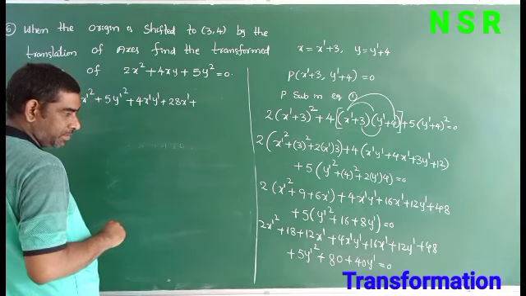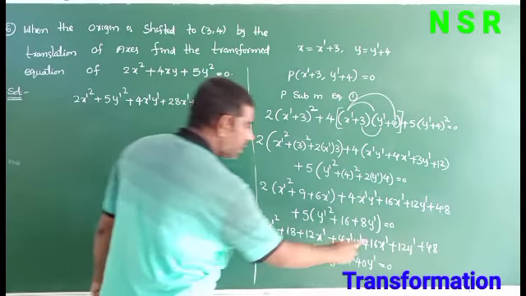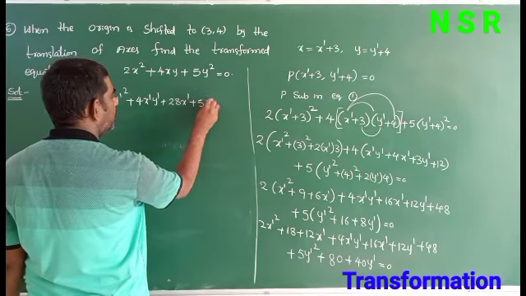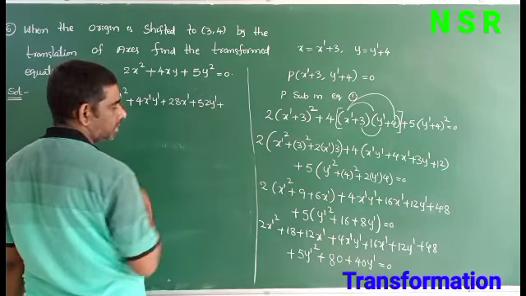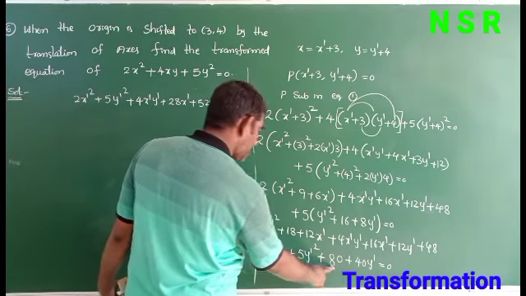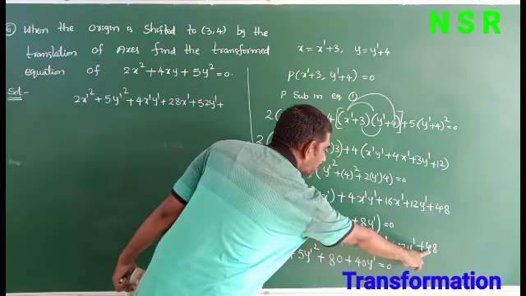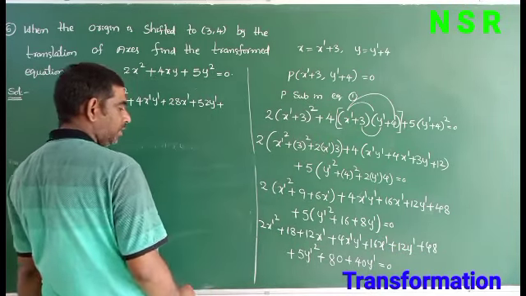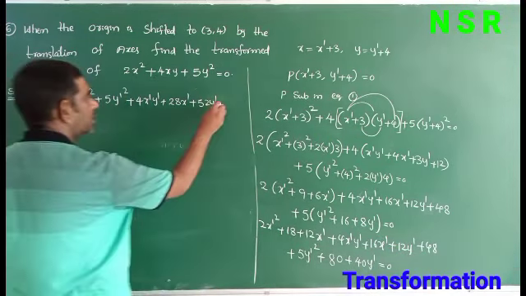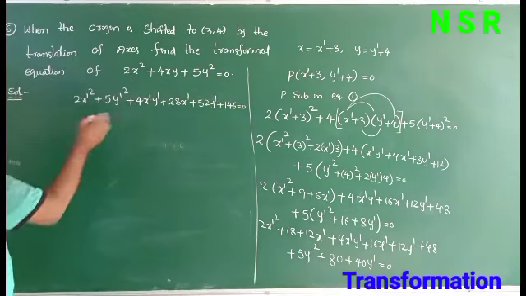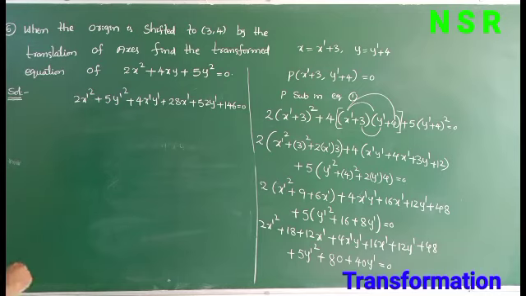Next y dash terms, here 12y dash plus 40y dash, 52y dash, plus next numbers 80 plus 48 is 128, 128 plus 18 is 146, plus 146 equal to 0. So this is our transformed equation.